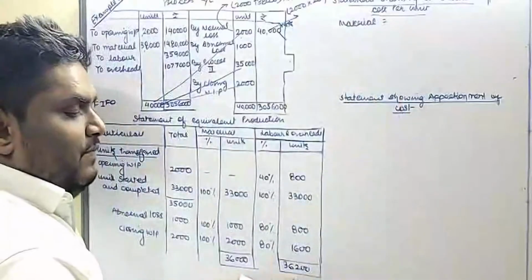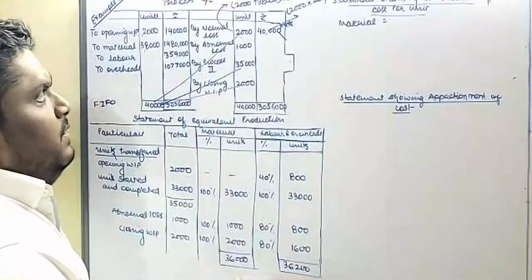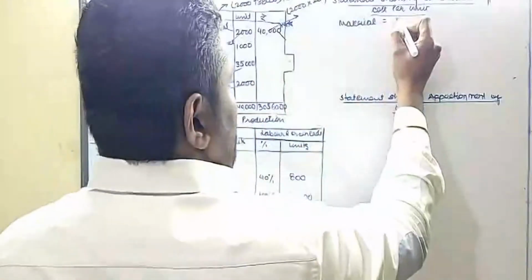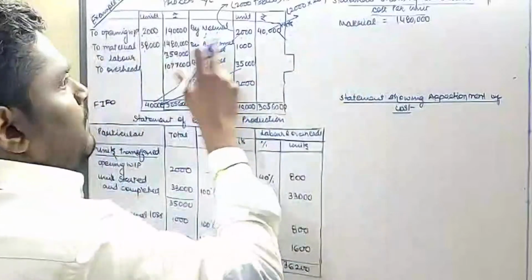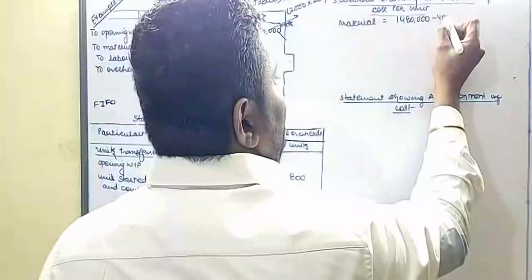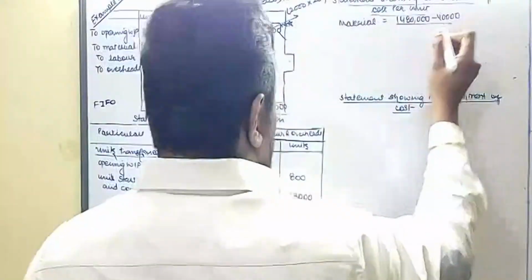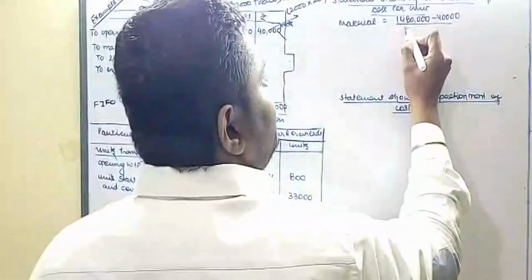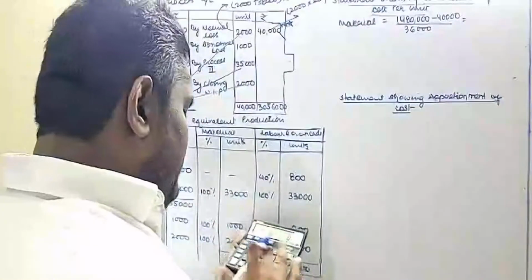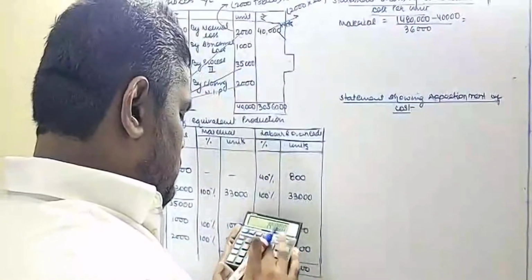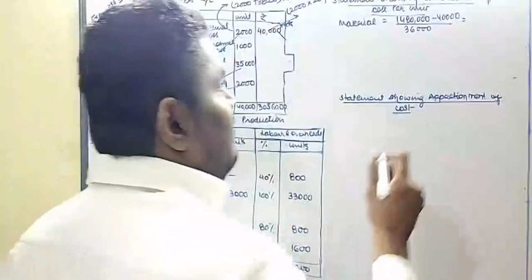When calculating cost per unit, this represents the work done during the current year. So we'll take the cost of current year, that is 14,80,000, minus the scrap value, that is 40,000, whole divided by 36,000. So the cost per unit will be 40.